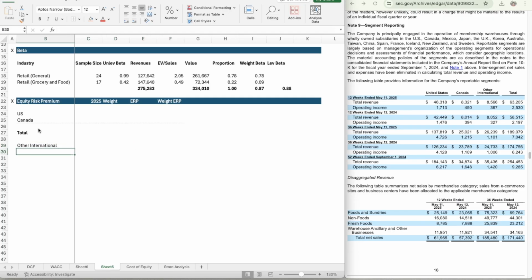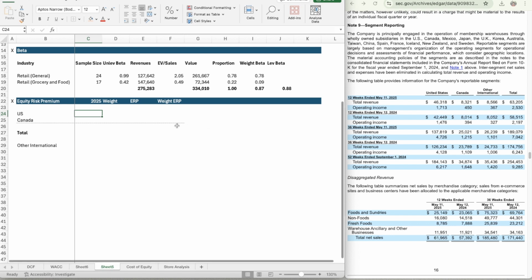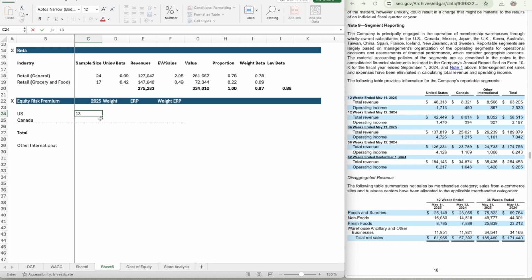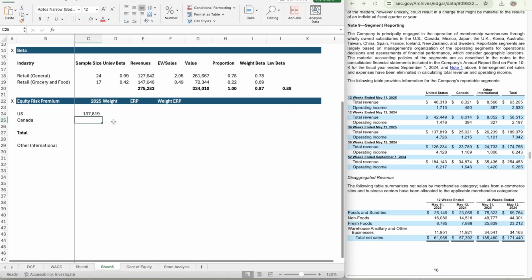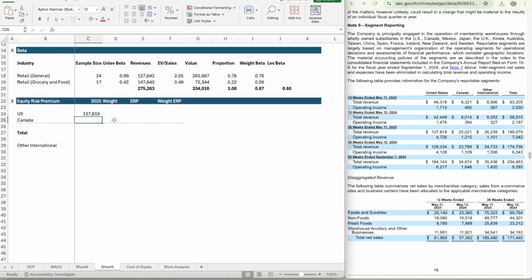We will break that down, but we'll just put the aggregated figure into this section. So the US revenues up until now are 36 weeks, 137,819. In Canada, total revenue 25,021.